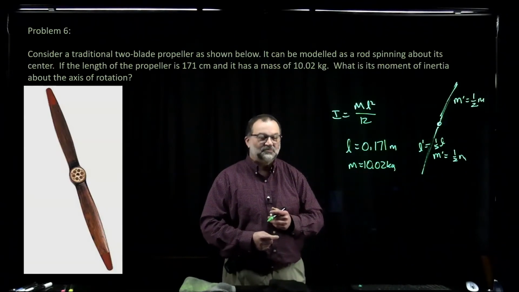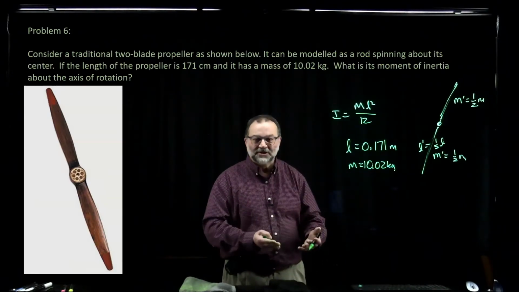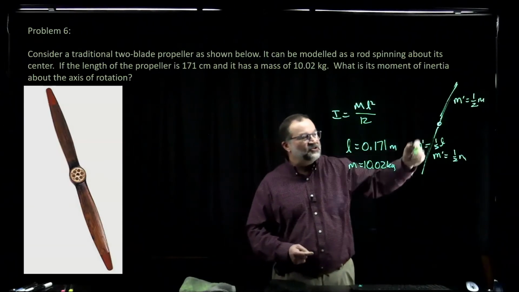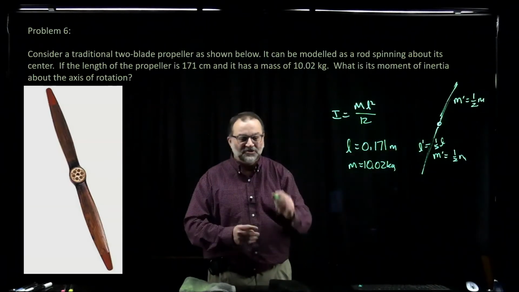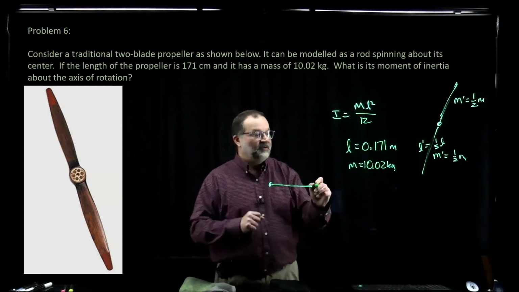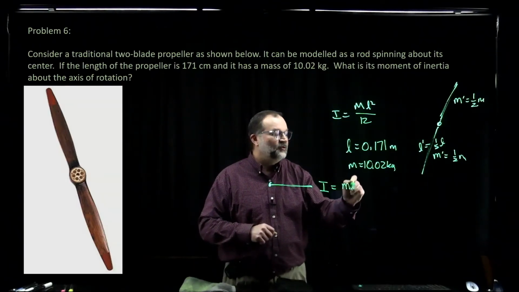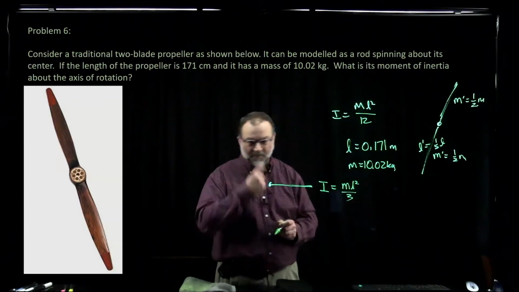Okay. So how do we get the moment of inertia if we think of it as two rods? Well, the moment of inertia for a rod swinging about one end is ml squared over 3.